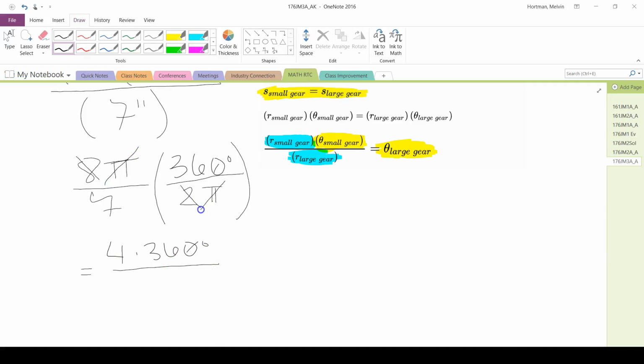The pi would cancel out, divided by 7. This would equal 360 times 4, that's 1040 divided by 7.